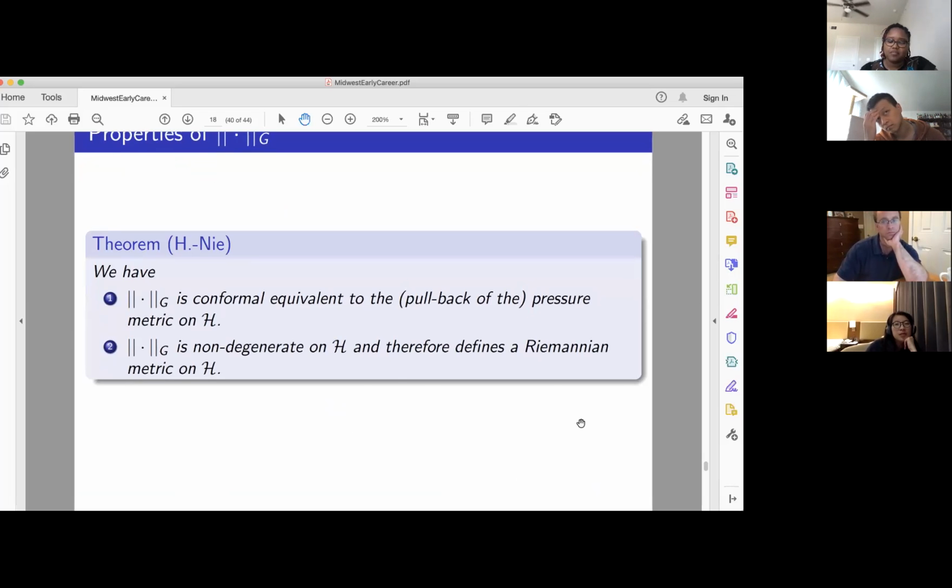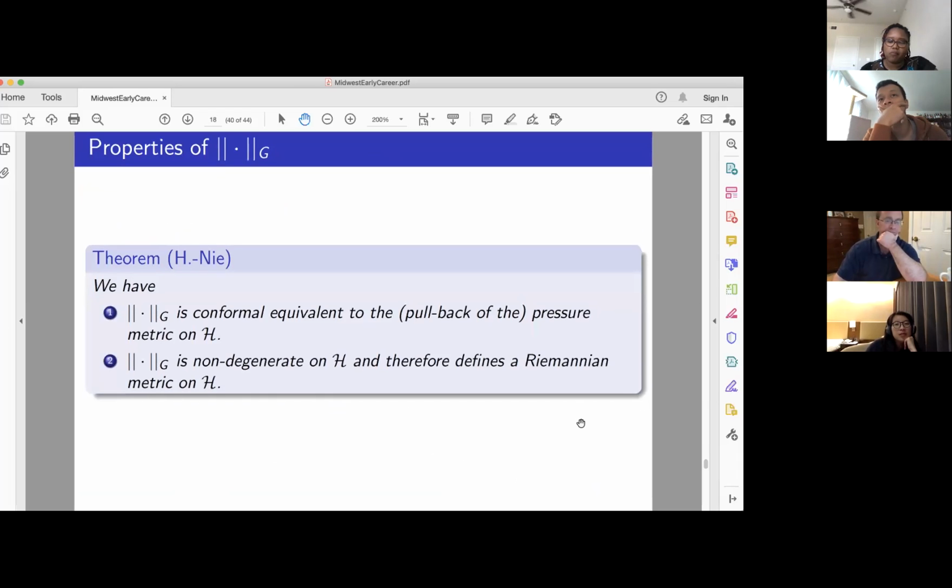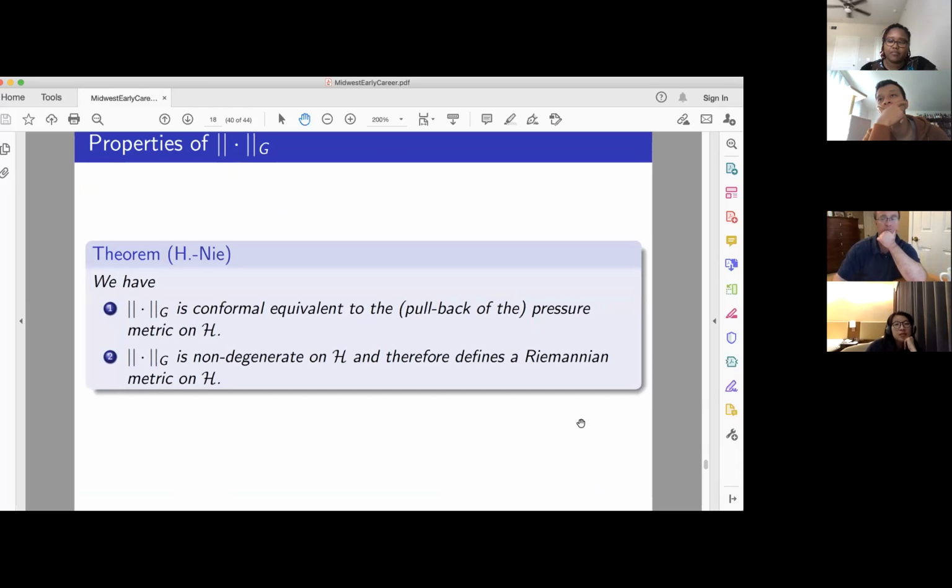This symmetric bilinear form has the following properties. It is conformally equivalent to the pullback of the pressure metric on the hyperbolic component we discussed before. More importantly, this metric is non-degenerate on the hyperbolic component, and therefore it defines a Riemannian metric.